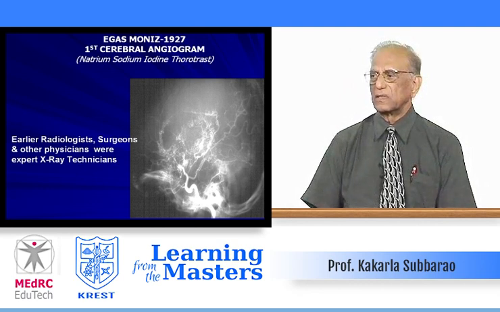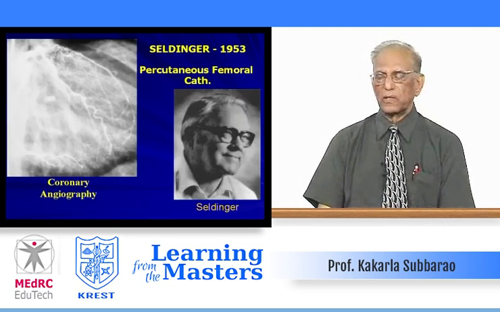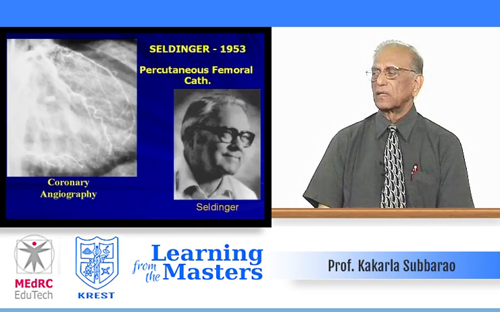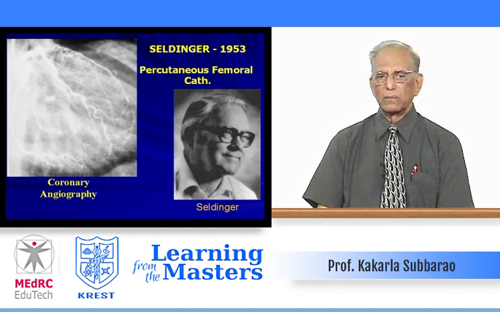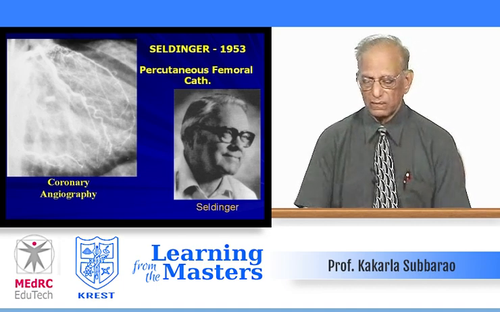Earlier, radiologists, surgeons, and other physicians were also involved in innovative techniques, and they were expert X-ray technicians at that time. Coronary angiography, even today we do it. Seldinger, 1953, revolutionized percutaneous transfemoral angiographic catheterization. The percutaneous femoral catheter route is the pioneer.